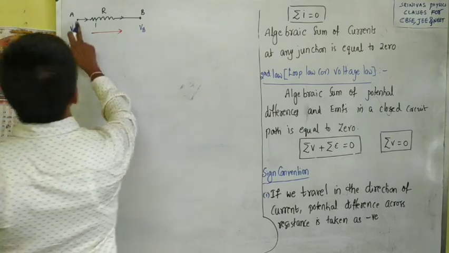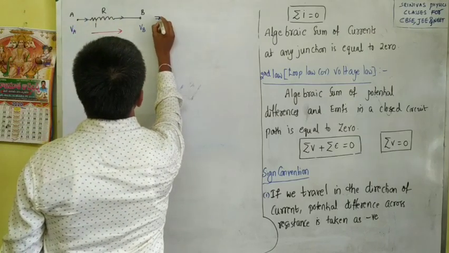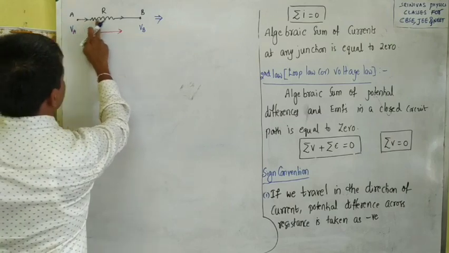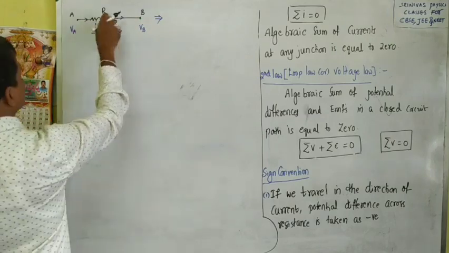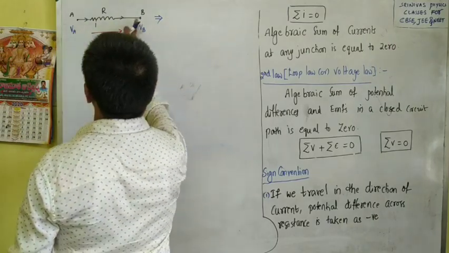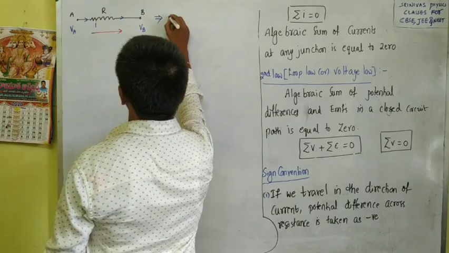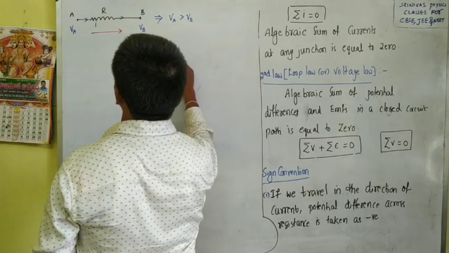Look here, this is the resistance. This is the direction of the current, whatever it may be. Here the current flows from high potential to low potential. That means VA is greater than VB.